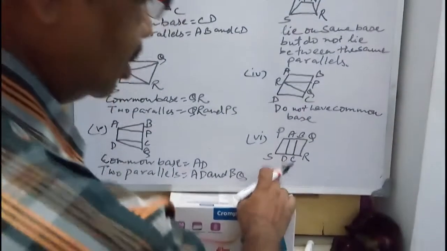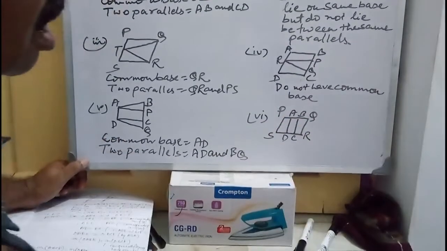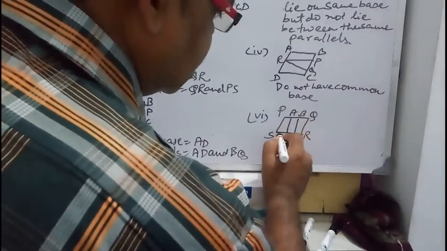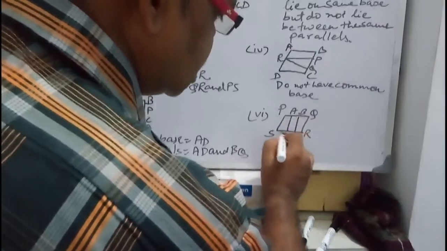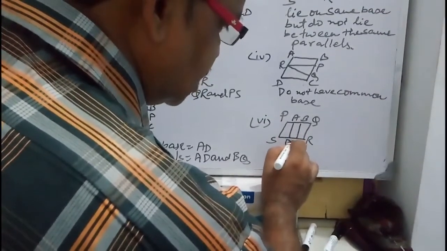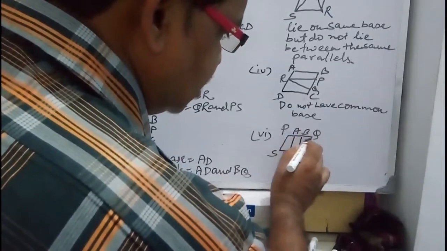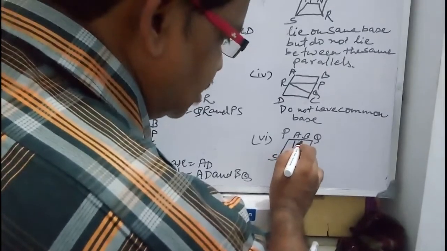These figures have no common base. If you take one base, for this figure PQ is the base, and for that figure AB is the base.